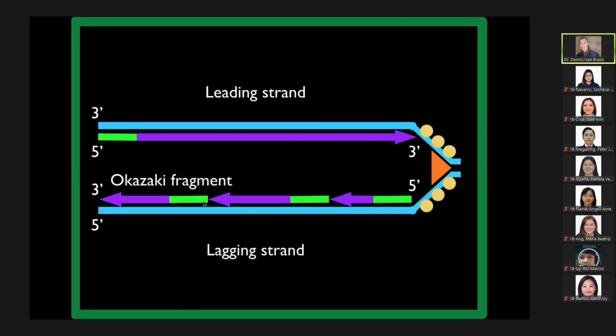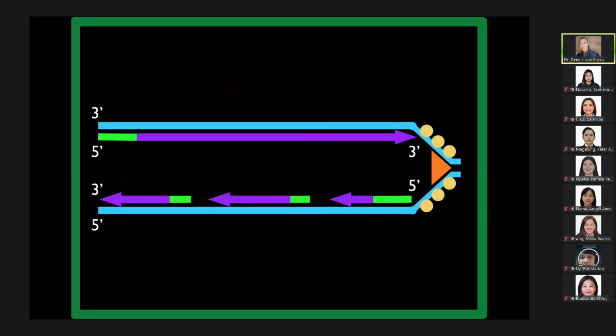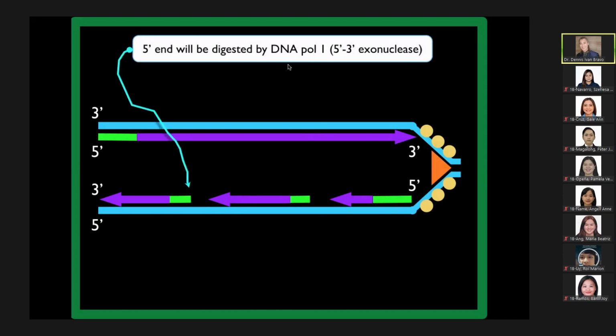So let's focus our attention here at the 5' end of that primer. It was digested, and the enzyme that digested that is DNA polymerase 1 through a 5' to 3' exonuclease enzymatic activity. This leaves us with a gap that is devoid of DNA and devoid of primer.